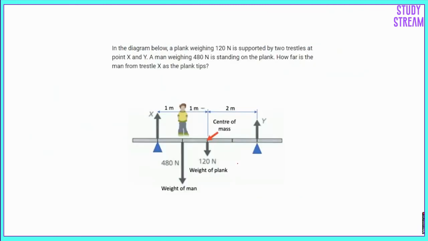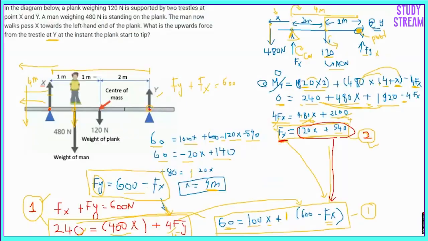It's the same question still. So now we already know the person is moving to the left, standing to the left of the plank, and then we said it's going to be moving 4 meters to this side. And actually the question here wasn't asking about 4 meters, it was asking you about the force at y. So by getting the 4 meters, you just need to plug it in here and find Fx.